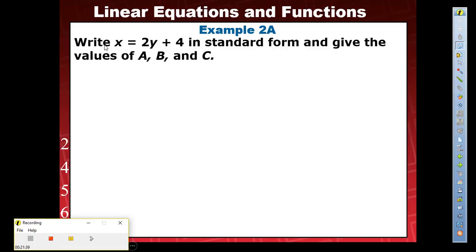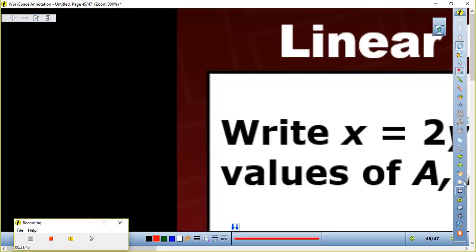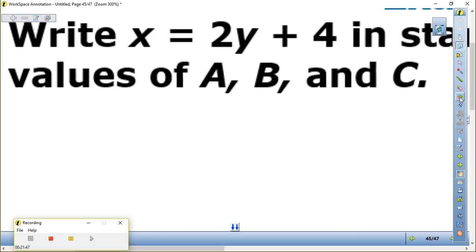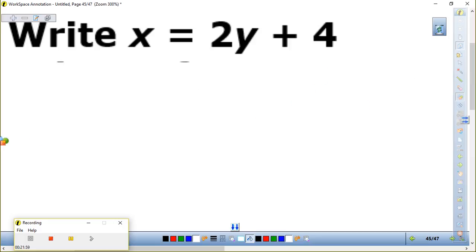So, copy this. Write this down. X equals 2Y plus 4. All right? And we need to change this into standard form.